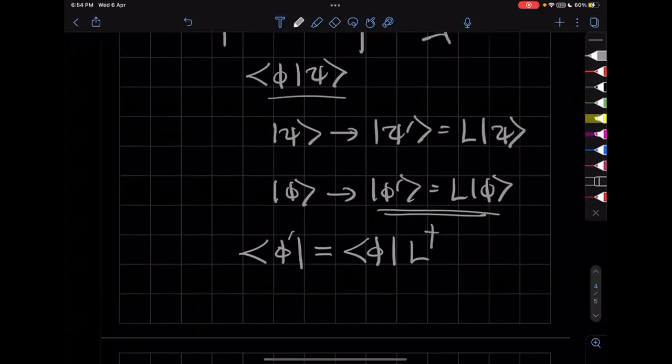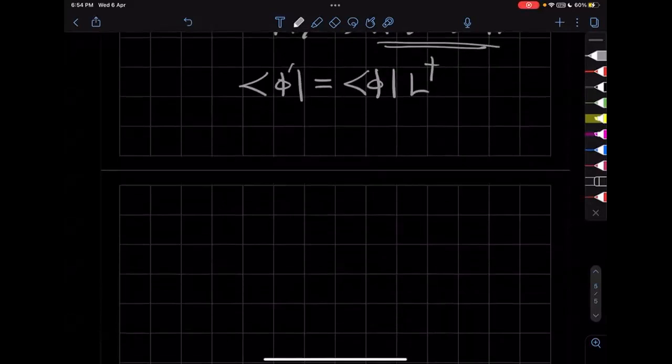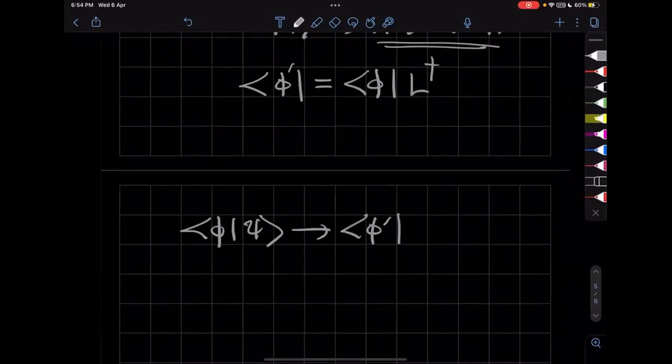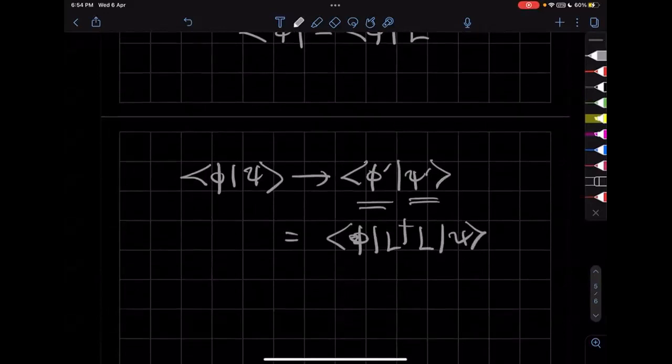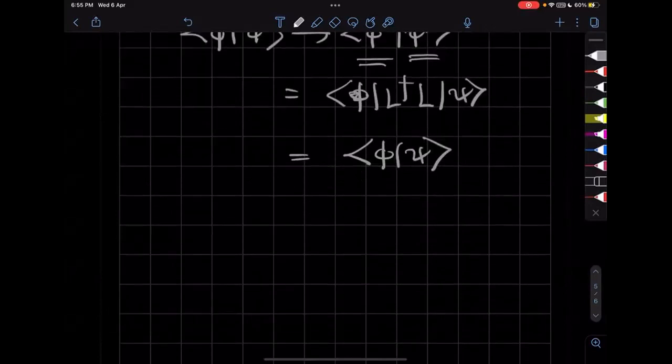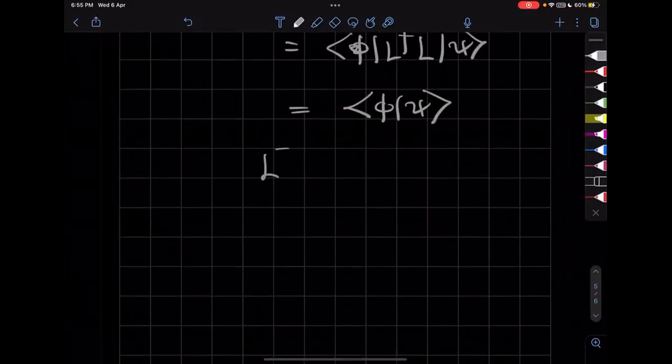So under this transformation, this inner product of phi and psi becomes phi prime psi prime, but this thing is phi L dagger, and this thing is L of psi. So this needs to be equal to the original, and that is only possible if the linear operator satisfies L dagger L equals 1.